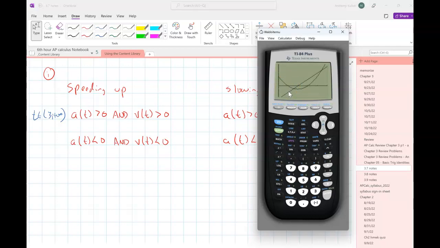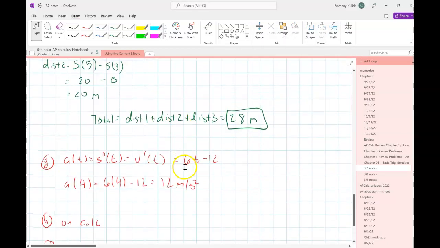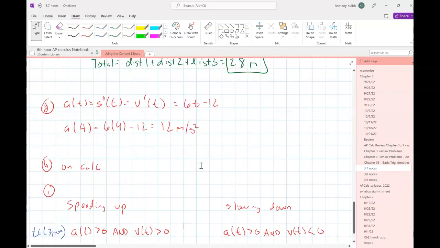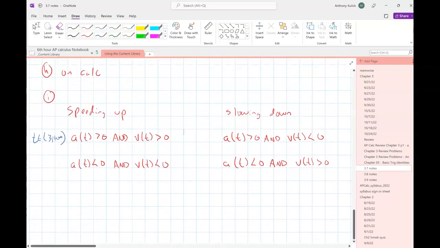Not that its slope is negative or positive. Okay, yeah. It's that it's below the x-axis. Cool. So great. And how did you know that point was 2? Oh, it's where the acceleration is 0, right? If you solve that equal to 0, it is 2. So yes, you're right, 1 to 2. I just wanted to make sure you knew why.